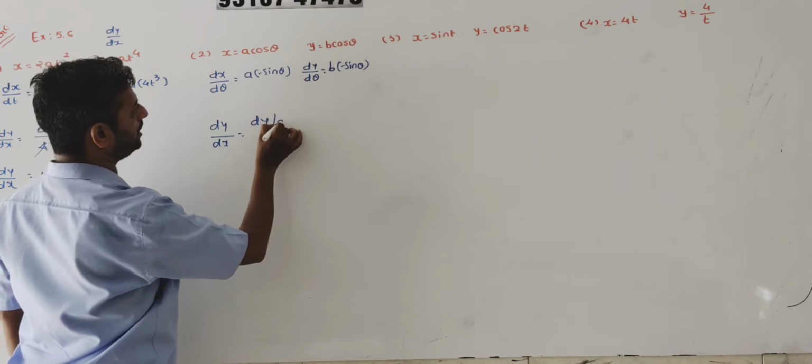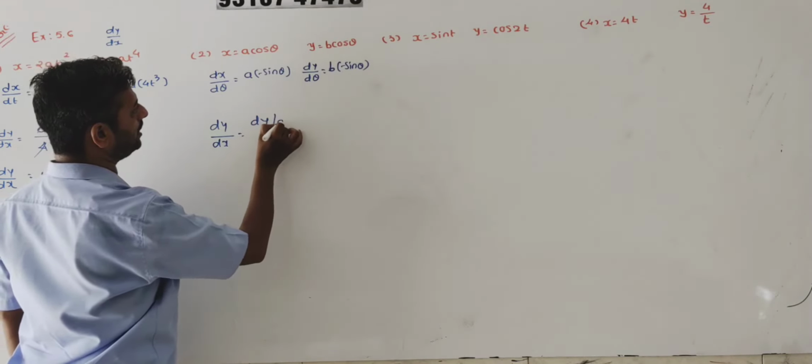So minus 2 sin 2t upon cos t. So that is minus 2 into sin 2t, which is equal to 2 sin t cos t, upon cos t. This and this are cancelled. So minus 4 sin t. That is your dy by dx.